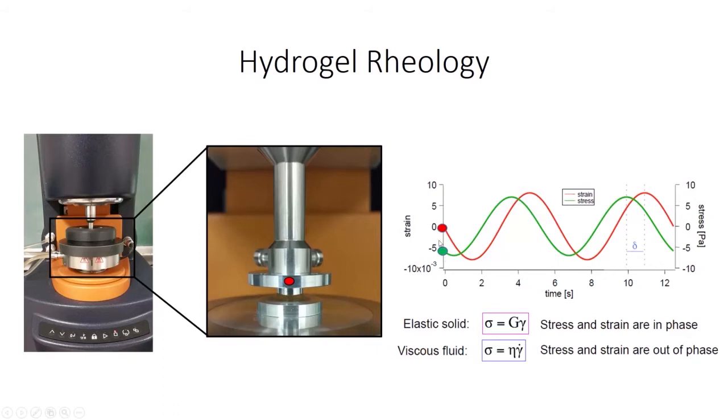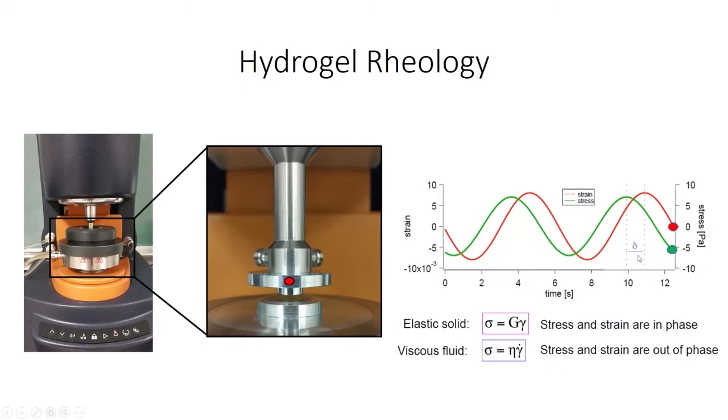And while it's rotating back and forth, you're going to see this red and green dot move through this sinusoidal curve. So this sinusoidal curve represents the strain, so the deformation left and right in the red, and in the green the stress, or the response of the material. So as you rotate left and right, your strain is oscillating and you have a stress response.